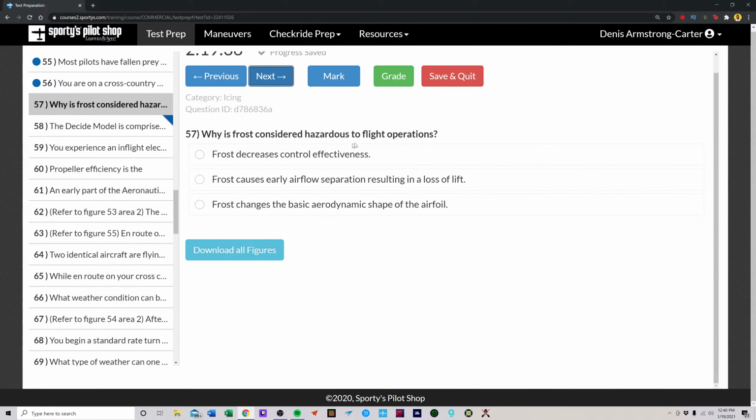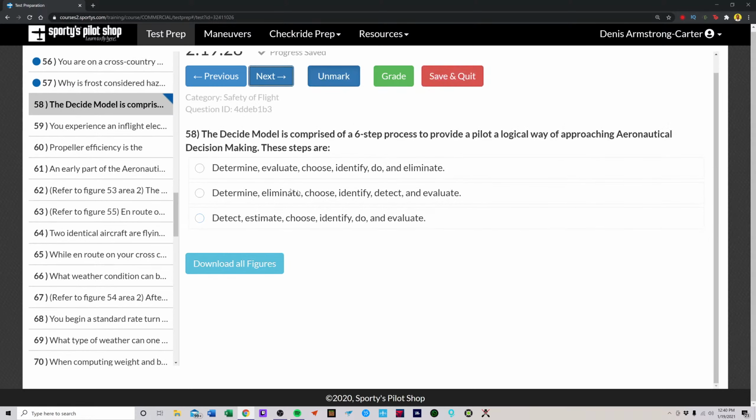Why is frost considered hazardous flight operation? Frost changes the basic aerodynamics of the airfoil, as true frost caused earlier. It's that one. The DECIDE model. So a lot of people don't know what the DECIDE model is. I also really don't. It's some decision-making thing, but I'm trying to remember which one it is. We'll go ahead and look.